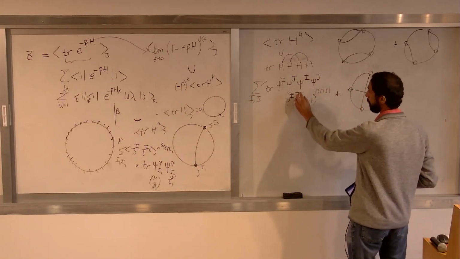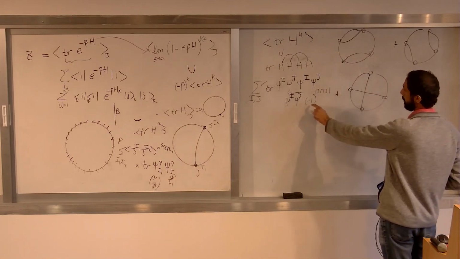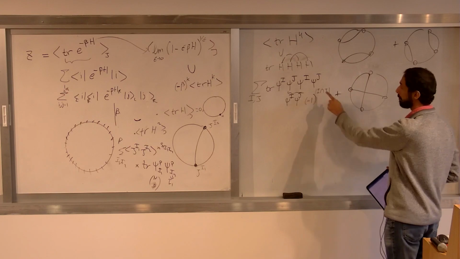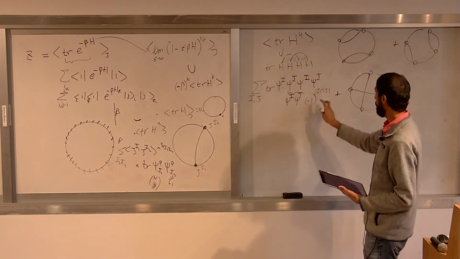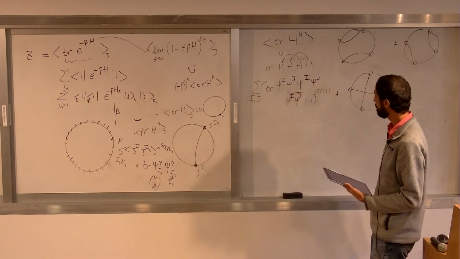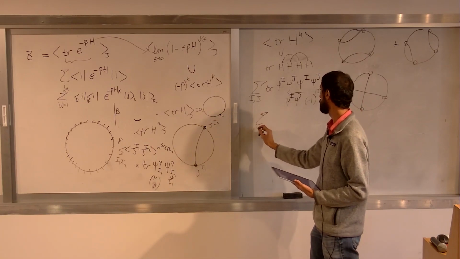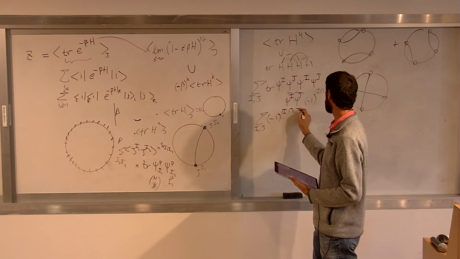When you take this guy across the other set, you pick up a minus 1 depending on how many fermions they share. Okay? But then, after you do this, you can cancel this psi I with this psi I and this psi j with this psi j. And all you're left with is just a sum over this intersection number, minus 1 to the I intersection j.